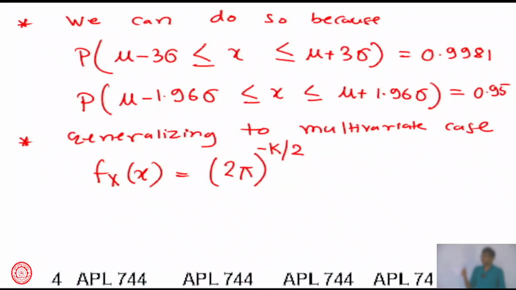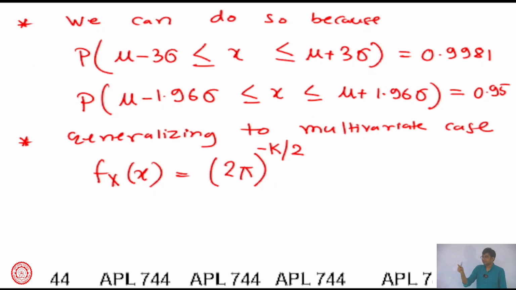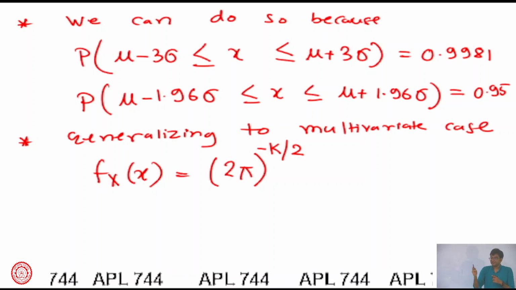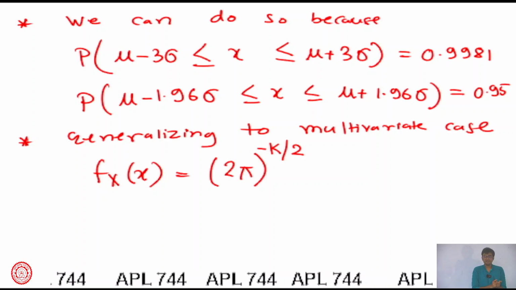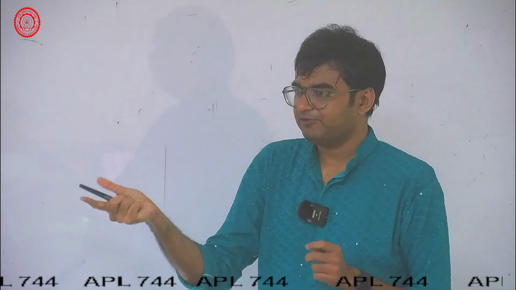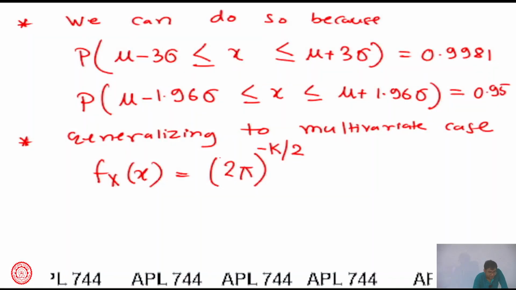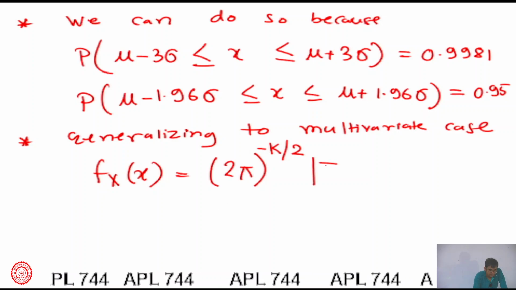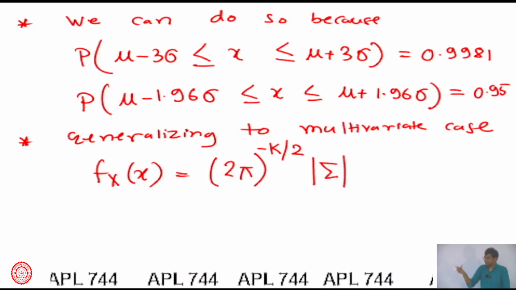And then there was sigma square, which is the 1 by sigma actually. So square root of sigma square, you can think of it like that. Sigma square is your variance. For the multivariate case, only variance is not enough, you will also need the covariance. So you will have the covariance matrix, and it was sigma, not sigma square.